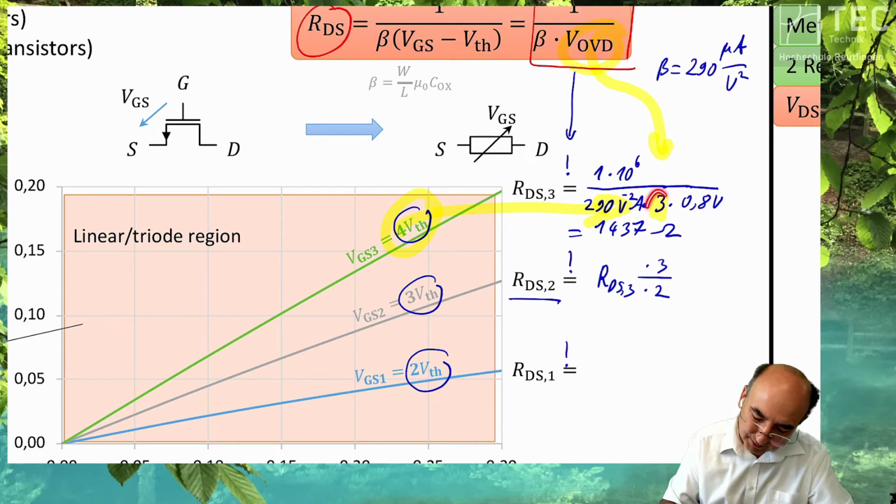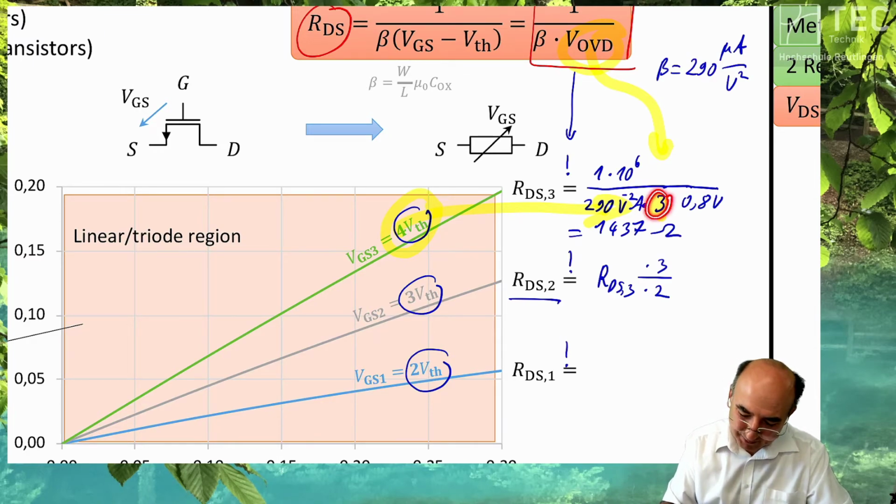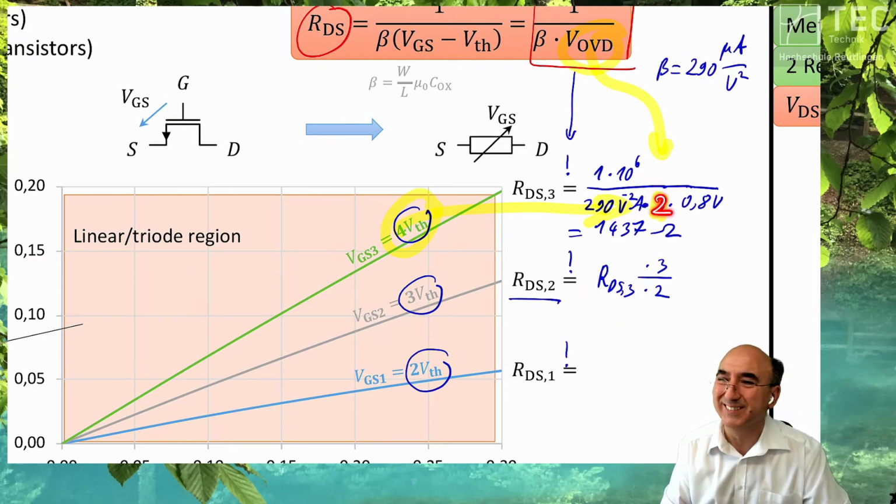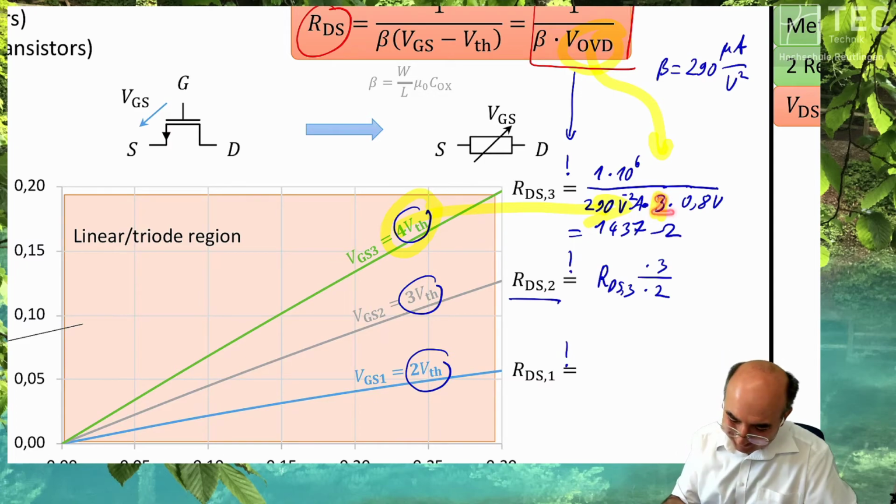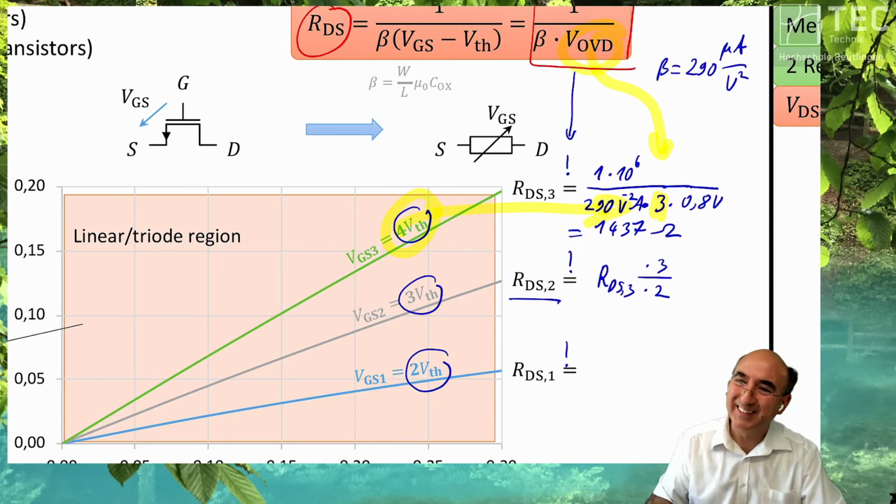Okay. It's Dreisatz. If you want to take this one, you have to X out this 3 by multiplying it, and then you replace it by 2.